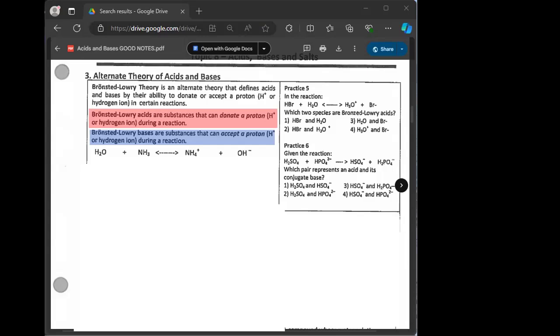Basically, Bronsted-Lowry only cared about if the substance was losing a hydrogen ion or gaining a hydrogen ion.